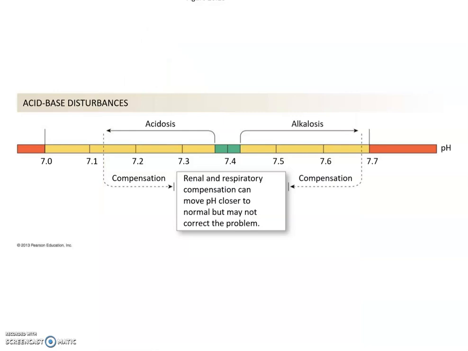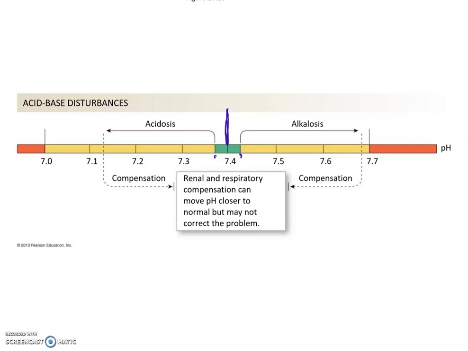Here's your summary of your acid-base disturbances. Your blood pH is supposed to be right around 7.4 with not much margin of error. You have a little wiggle room, but it's only 7.38 to 7.42. It's not much at all.